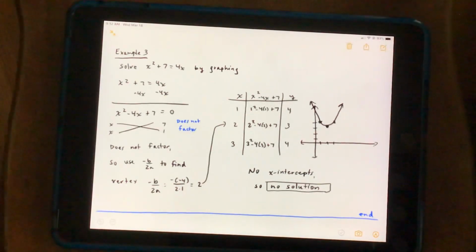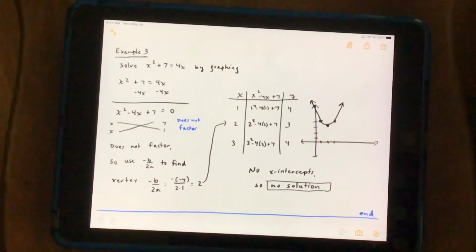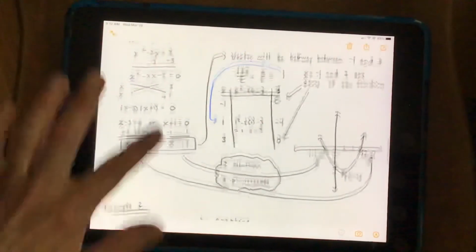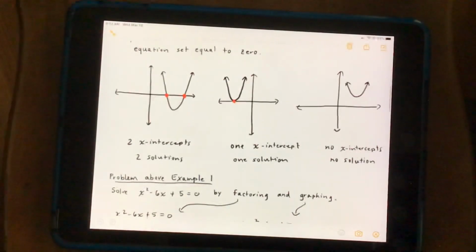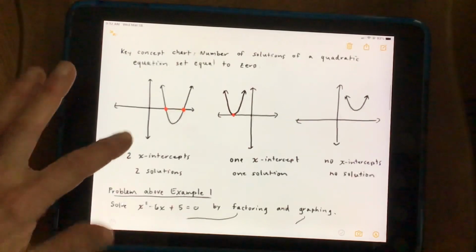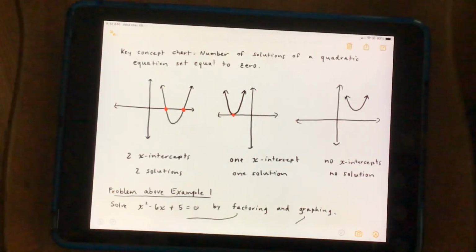So to see what we're doing in this particular lesson, I'm going to scroll back to the beginning here, and we're going to take a look one more time at our key concept. And we notice that when we graph our quadratic equations, and the parabola that we see when we graph it, if it intersects the x-axis at two places, we'll see two solutions, and those two solutions will be the x-coordinates of the x-intercept.